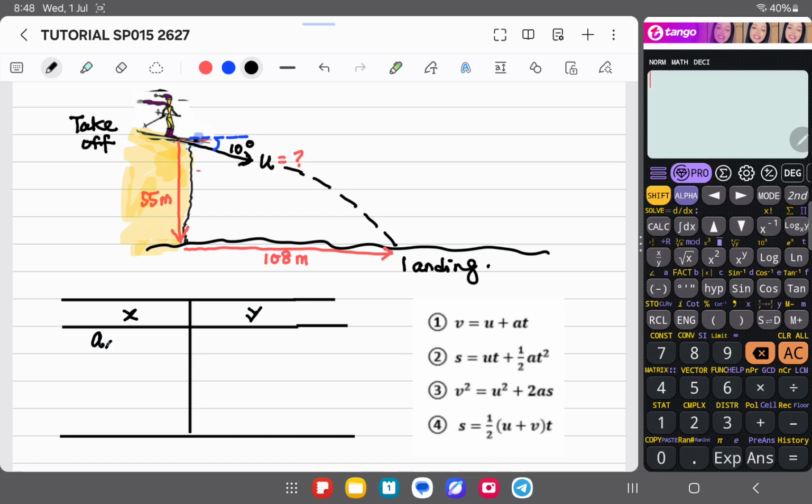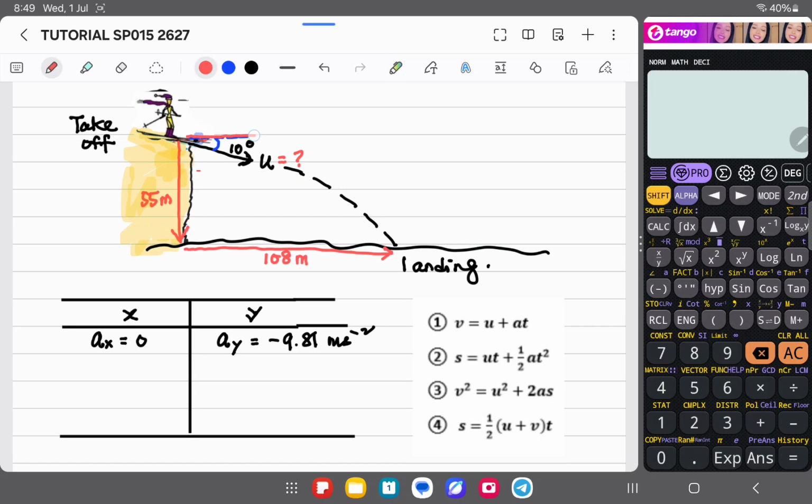Starting with the important concept: acceleration along x, horizontal, is 0. Acceleration along y, vertical, is negative 9.81 meters per second squared. Then our initial velocity can be resolved into component x and component y.